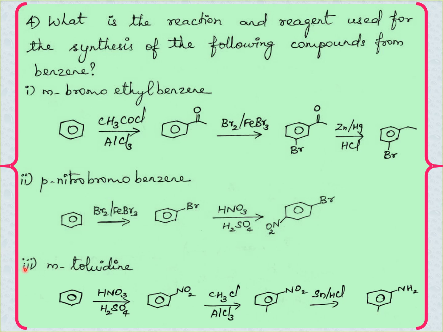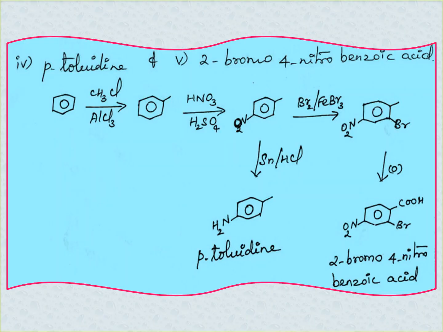And the third compound, we have to prepare meta-toluidine from benzene. Here we can first nitrate the benzene to provide nitrobenzene, followed by alkylation. It provides meta-nitrotoluene, and on further reduction with tin and HCl, it provides meta-toluidine. And we have to synthesize para-toluidine also from benzene.